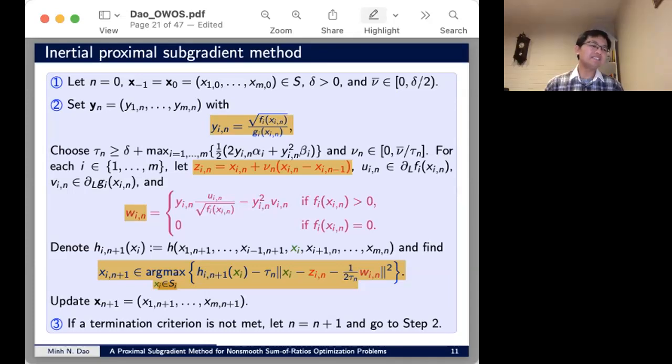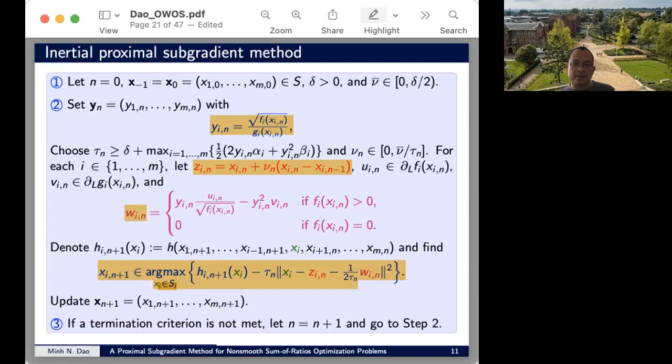Yes, as I said, only in some special cases do we have a closed form, and in some hard problems we don't have a closed form. Of course, we should use some existing solver for that. But in our numerical example, we have a closed form. Yeah, I saw that. But then the next question is whether the convergence analysis still works if you solve this approximately, with some small tolerance.